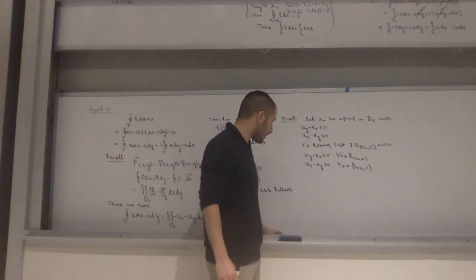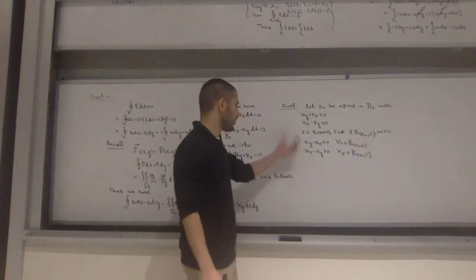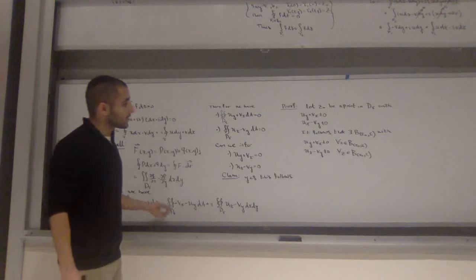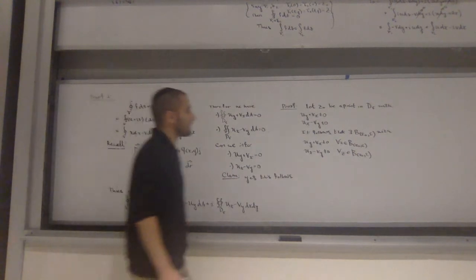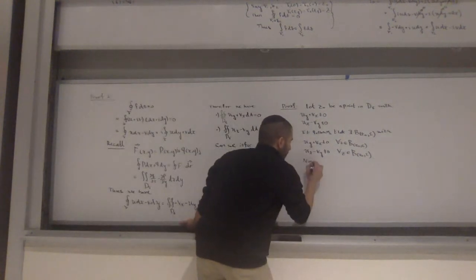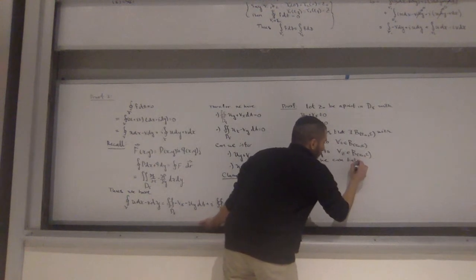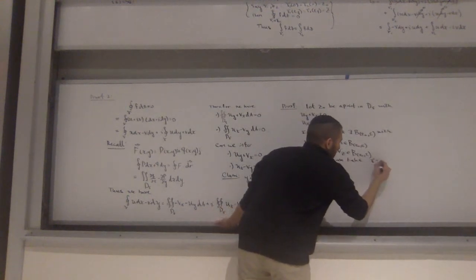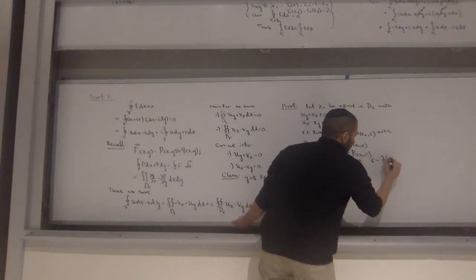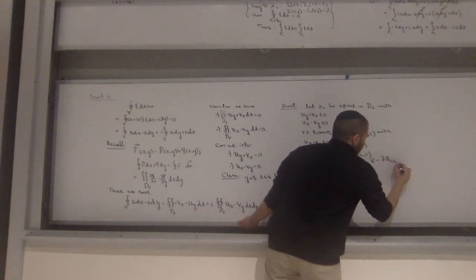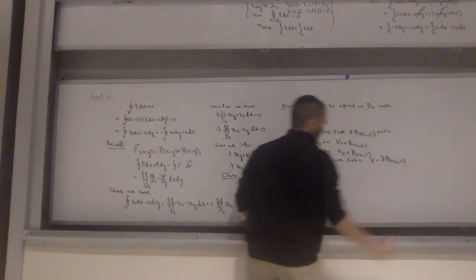And this follows from the fact that u and v are differentiable. Okay, well, that means that now we can take gamma to be the boundary of B(z naught, epsilon).